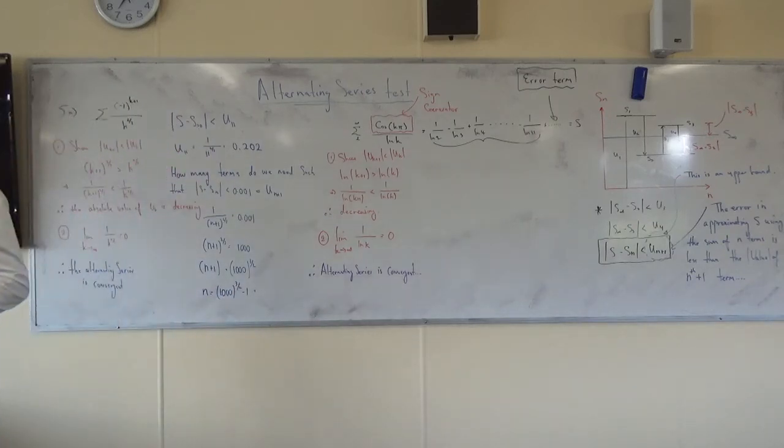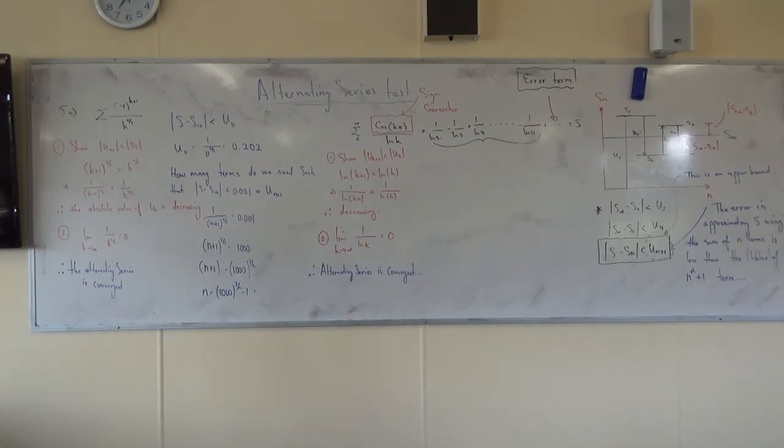How many terms do I need? Can someone work that out? Susan, quick. Or Arthur. I don't care which. Oh, 31,600. 31,000 terms.